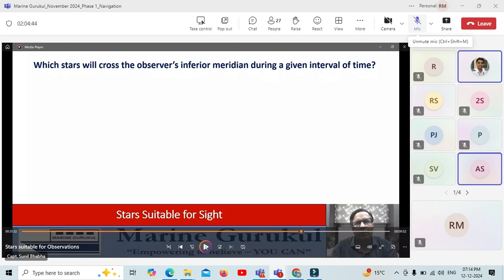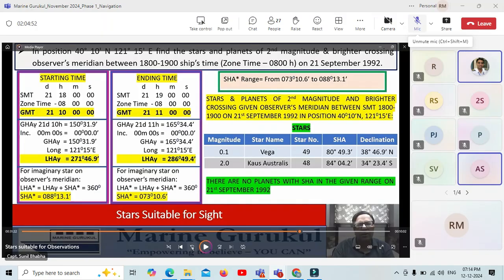Yes, sir. Sir, previously the star Vega is 0.1 magnitude, but in the question they're asking for second magnitude. Second magnitude is 1.0 to 2.0, correct, sir? Okay, beta. Now look carefully. They are asking second magnitude and brighter.